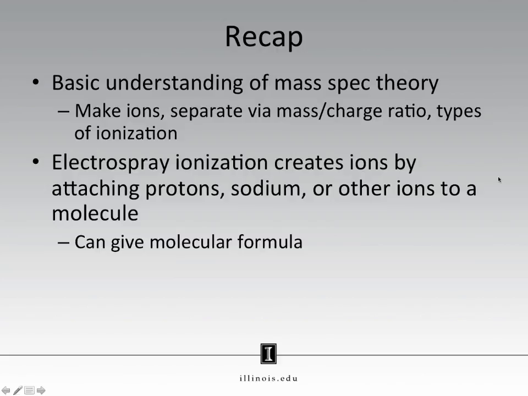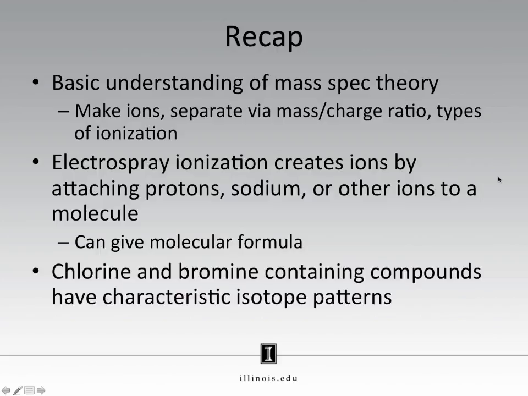Electrospray ionization turns our sample into ions by attaching ions to our molecule, the most common of these ions being protons and sodium, although others are possible. Electrospray ionization allows us to figure out what the molecular formula of our unknown compound is. Finally, chlorine and bromine have very characteristic isotope patterns in a mass spectrum. If you see those isotope patterns, you should recognize what type of atom is present in your molecule.